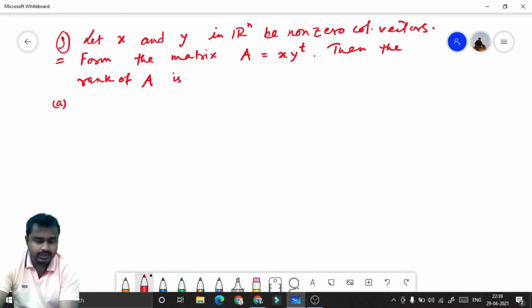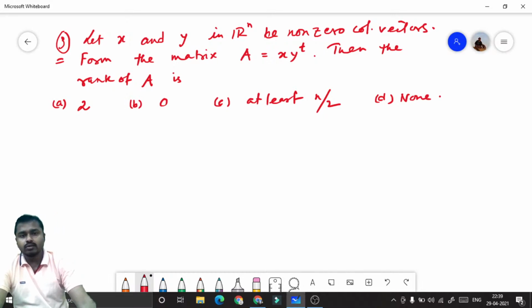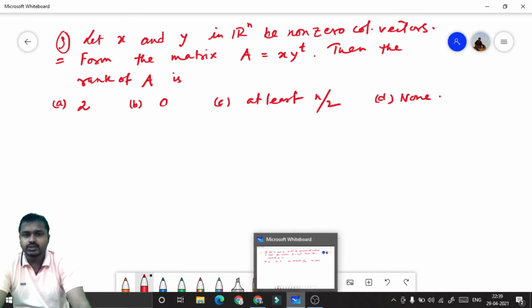Option A, it is 2. Option B, it is 0. Option C, at least n by 2, and option D, none. Okay, so these are the options, and just think about it, how to deal with this problem.